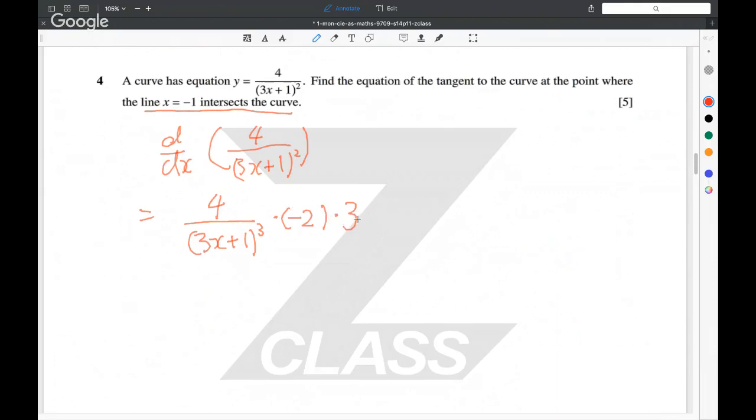And when you work this out and substitute x equals minus 1, you'll find that dy by dx at the point x equals minus 1 would be 3.